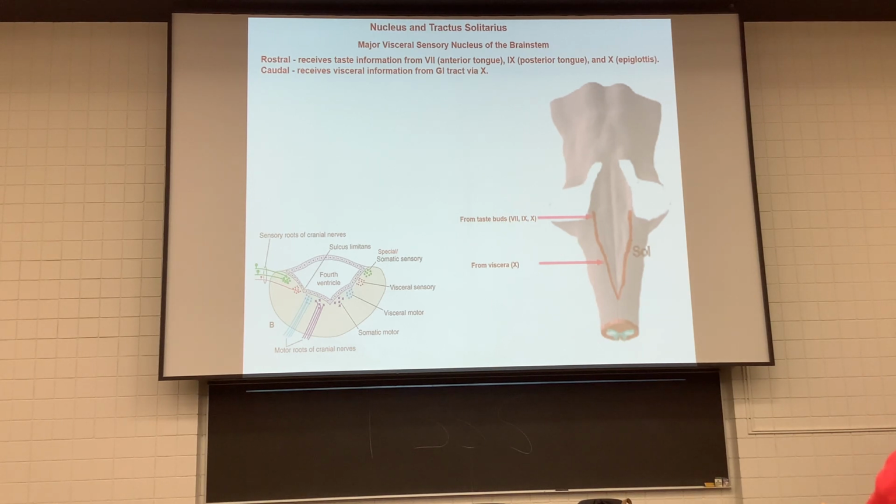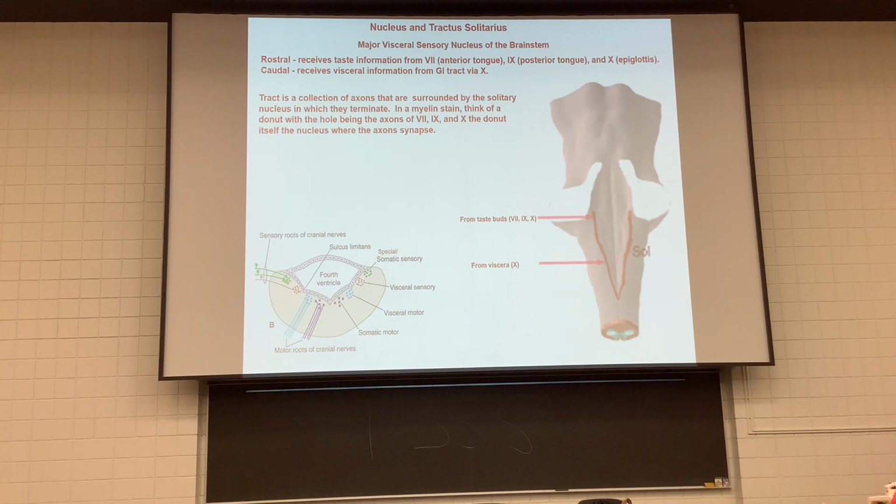We'll come back to this much more when we talk about the hypothalamus and using that sensory information to control what's going on peripherally. So, visceral from 10 is caudal, taste from 7, 9, and 10 is going to terminate more rostrally in solitarius.